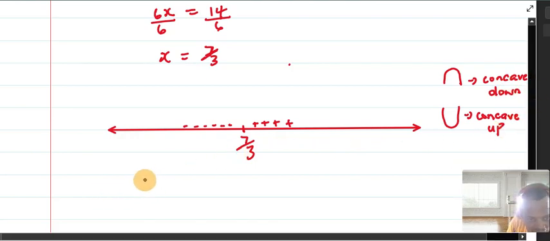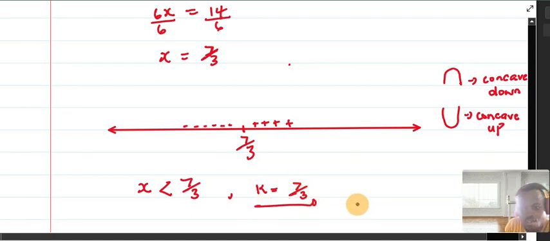So I can write this: when my x is less than 7 over 3, that's where my graph is concave down. That makes the value of k equal to 7 over 3. So that's how I find the value of k.